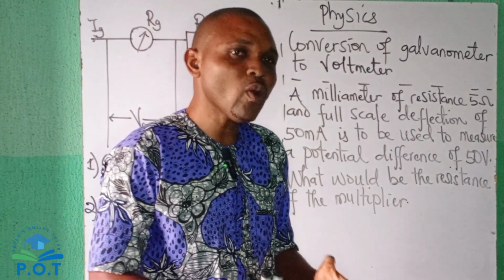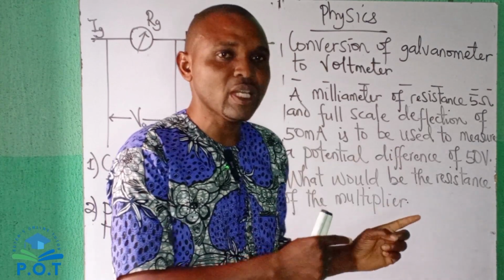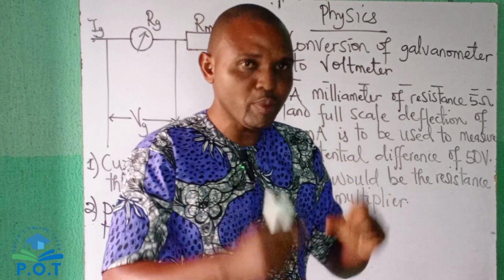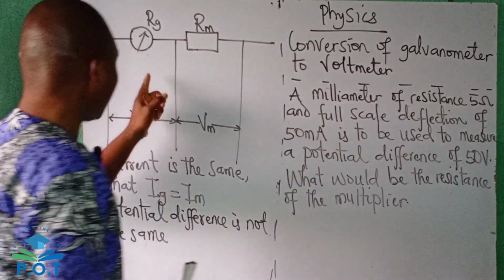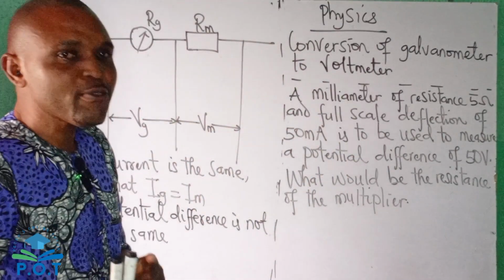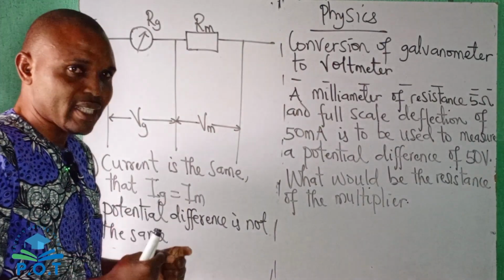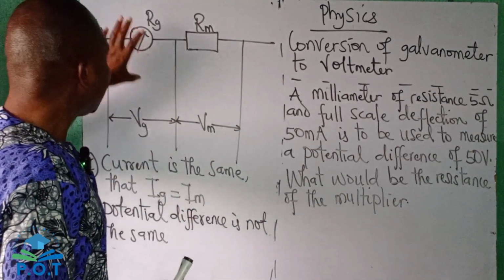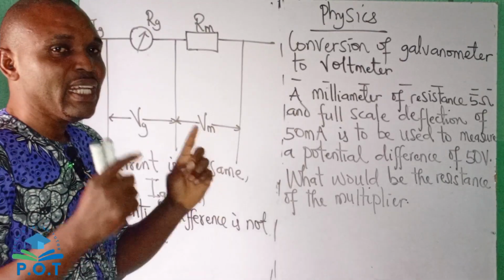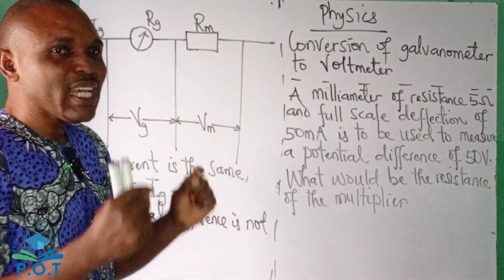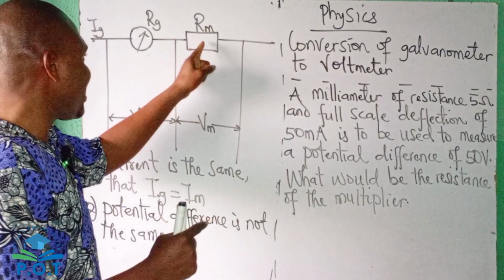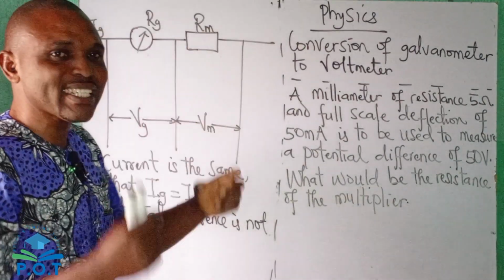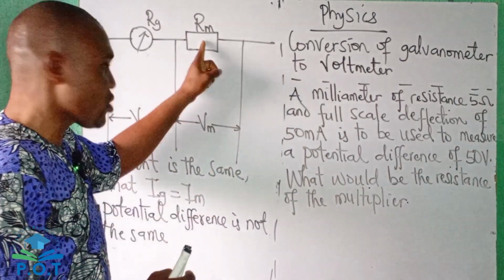Before I go on to solve this particular question, I want us to take note of the following points. Look at this diagram. If you are trying to convert a galvanometer to a voltmeter, this diagram explains it. The galvanometer is connected in series to a high resistance wire known as the multiplier.